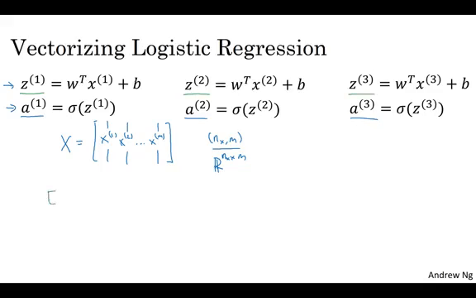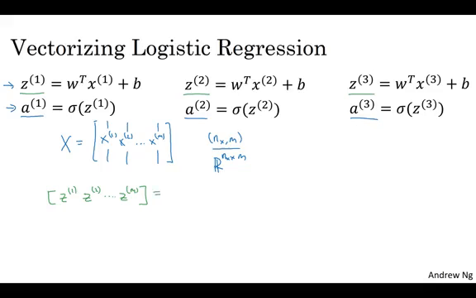So I'm going to construct a 1 by m matrix, which is really a row vector, where I'm going to compute z1, z2, and so on, down to zm, all at the same time.